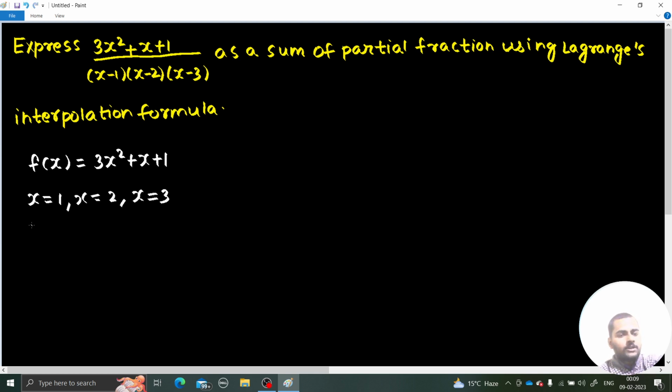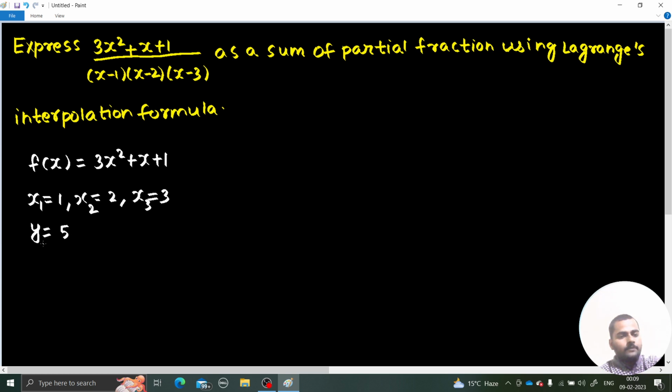And what will be the corresponding value of y, or the corresponding value of f(x)? At x equals 1, your f(x) is giving 5. Let's suppose these are x1, x2, x3.